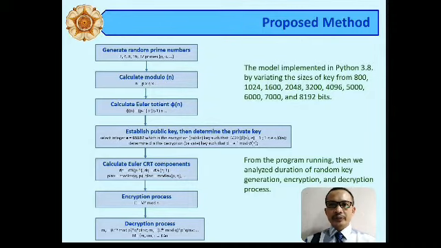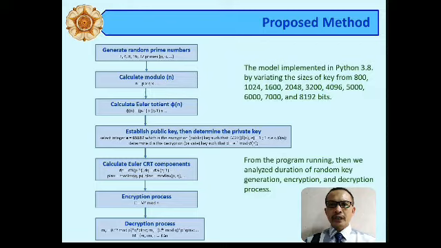After that, we establish the public key. And from the established public key, we can find the private key by calculating the inverse modulo of the public key on the modulus of Euler's totient number.